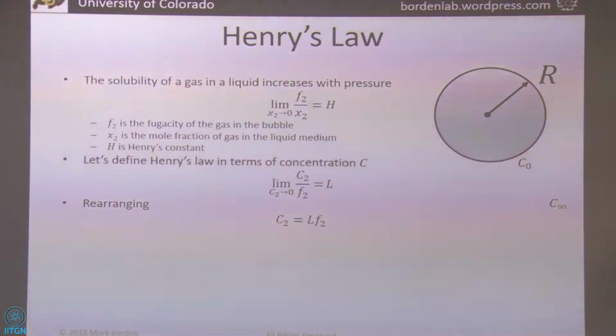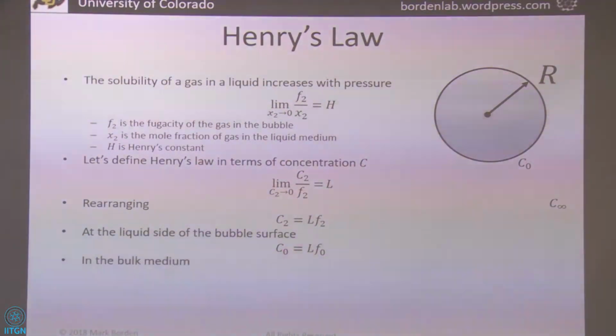This is going to be valid for gas dissolved in water. There are a lot of water molecules and a very small amount of gas molecules. So same here for concentration, it goes to 0. So at the liquid side of the bubble surface, C sigma is equal to L times f sigma, where f sigma is the fugacity. And in the bulk medium, C infinity is equal to L times f infinity.